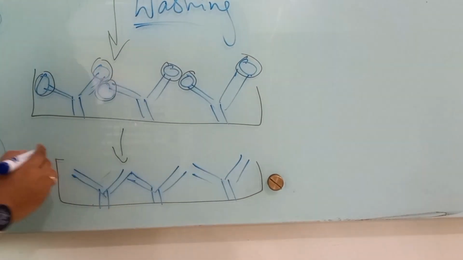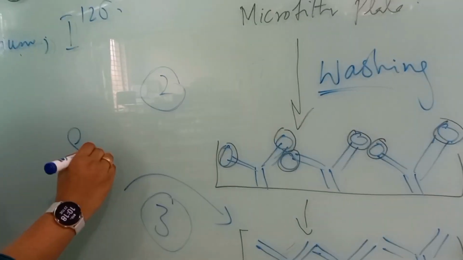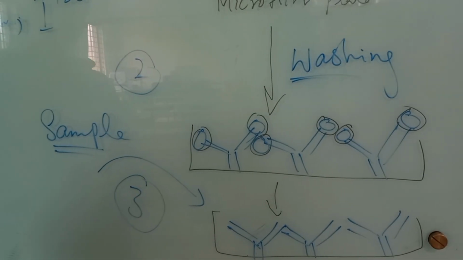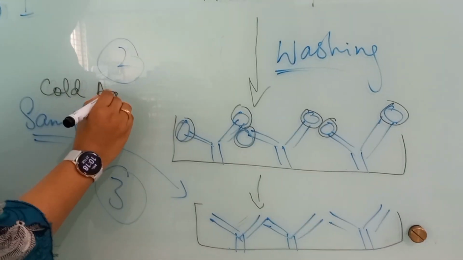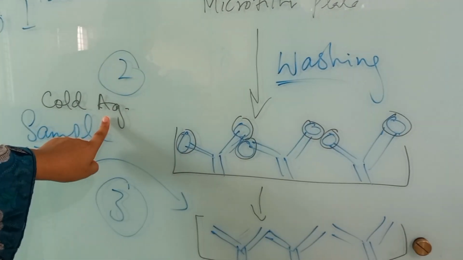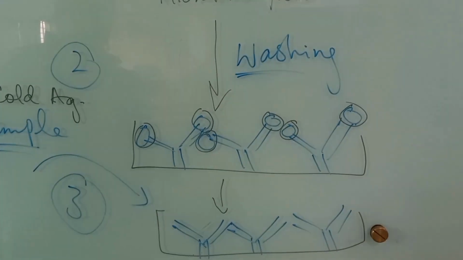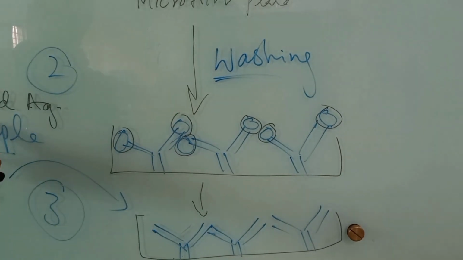Now we will add the sample over here, and we know that the sample contains the antigens which we are looking for, and these antigens are known as cold antigens. These antigens are also compatible with these antibodies, and there is competition between the hot antigens which are already bound here and the cold antigens.